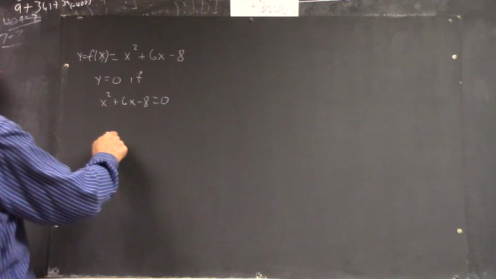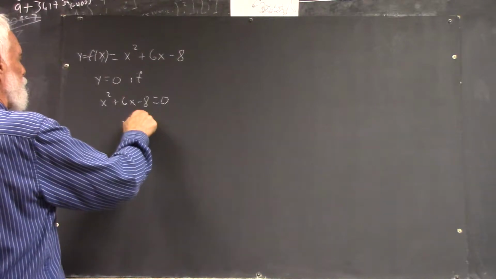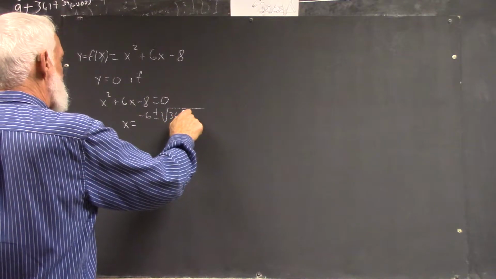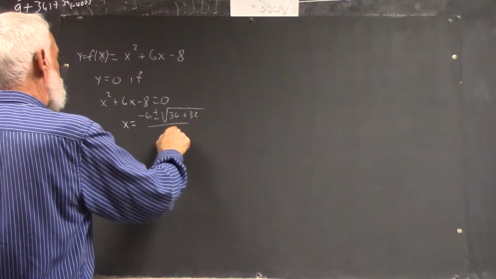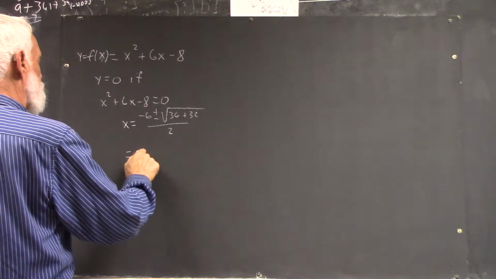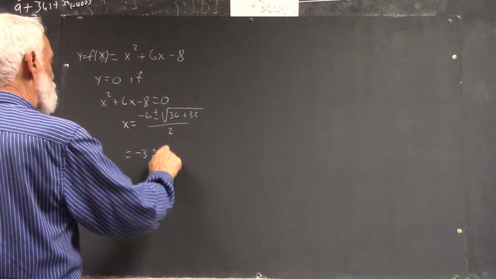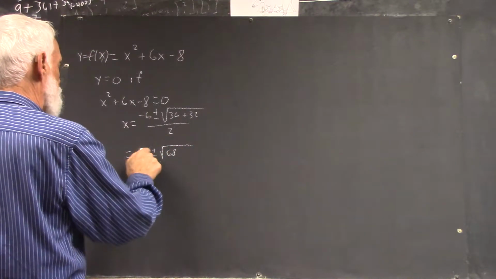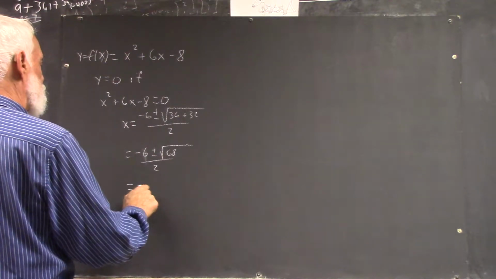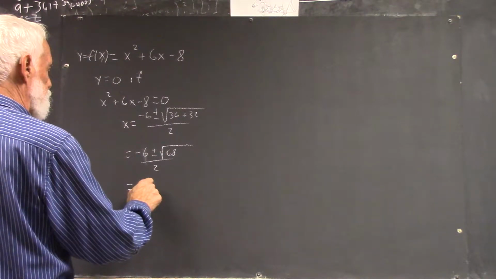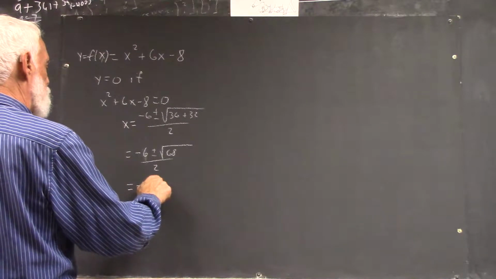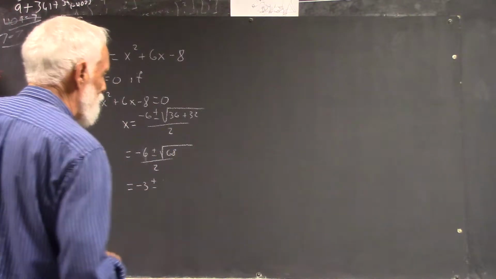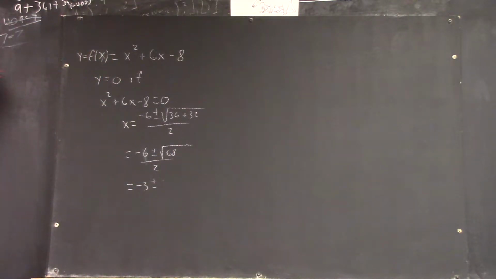So y equals 0 if x is -6 plus or minus the square root of 36 plus 32, all that divided by 2, which is -3 plus or minus the square root of 68. Well, let's just leave the -6 there over 2, which equals -3 plus or minus the square root of about 68, which is about 8.3.